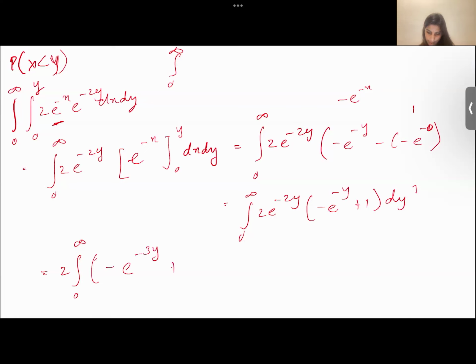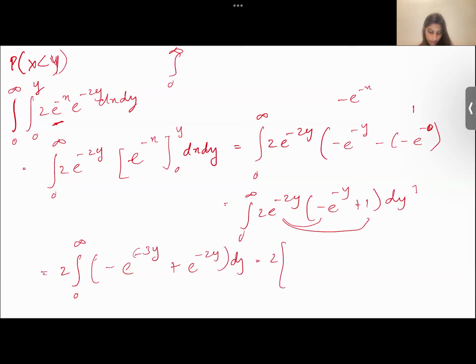And then plus, you just multiply this, you'll have plus e power minus 2y dy. Now you just integrate it.